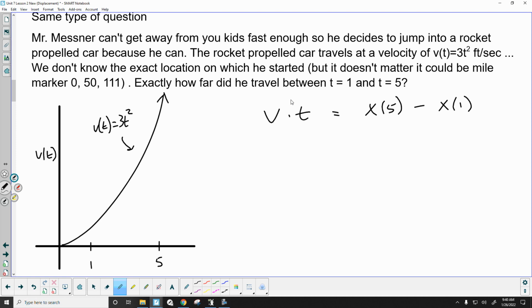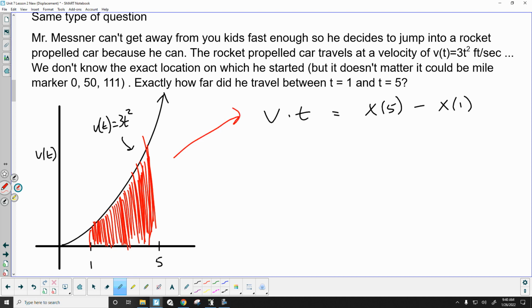Is my velocity constant here? No. My velocity is changing. But if I accumulated all of these velocities, and if I had a lot of time on my hands and did these velocities times the moments in which we're at those velocities and added them up, kind of like getting that area, boom, I'd be able to get that v times t.